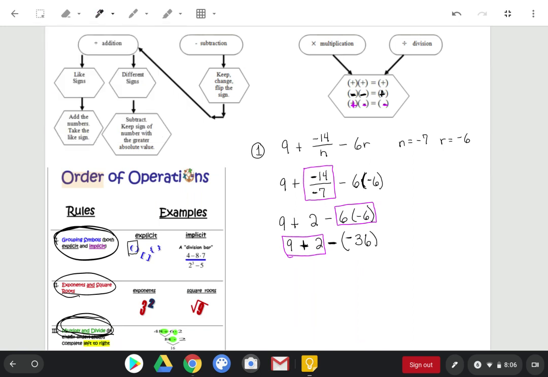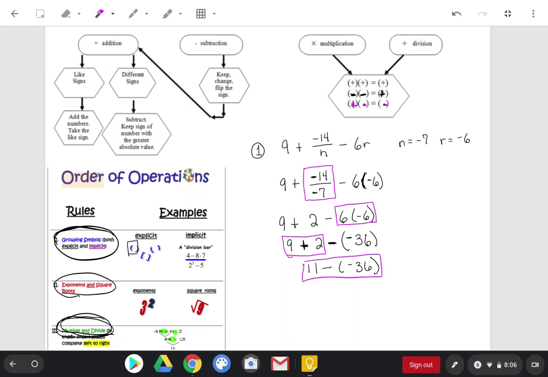So notice I'm just replacing my purple box with an 11. And I'm writing everything else down, minus negative 36. Okay, so the only thing left to do is to subtract.